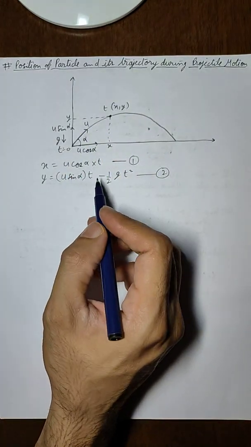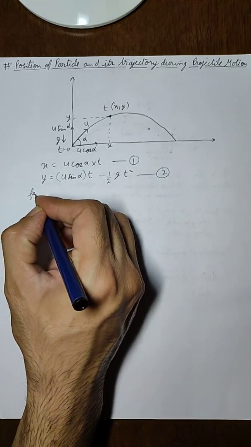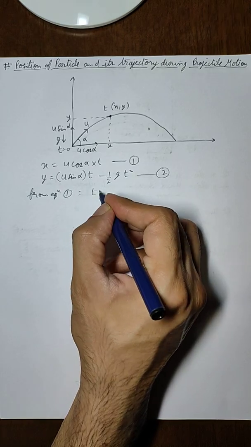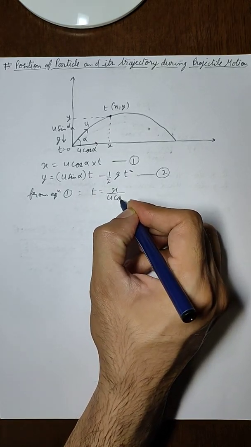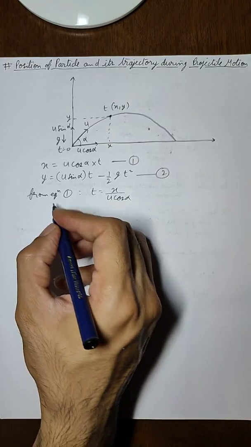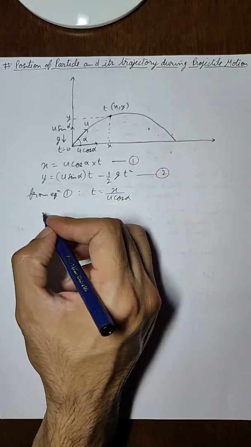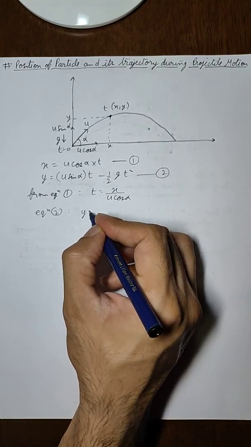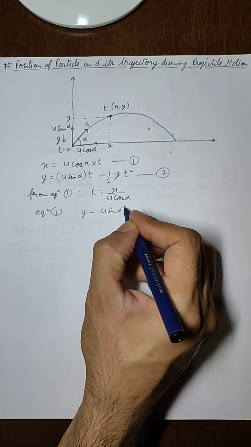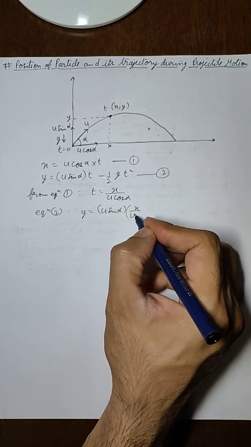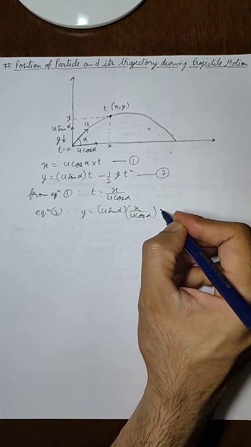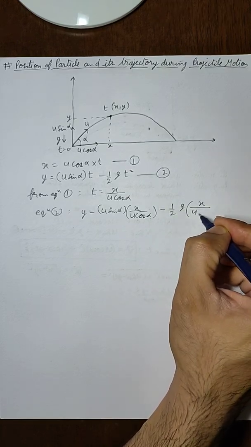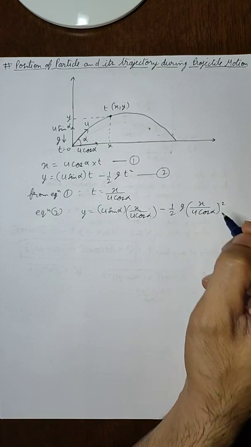So if we eliminate t, from equation 1, t equals x upon u cos alpha, and if we substitute this t in equation 2, then equation 2 will become y equals u sin alpha times x upon u cos alpha minus half g times x upon u cos alpha whole square.